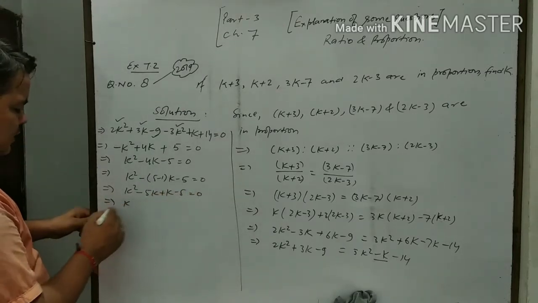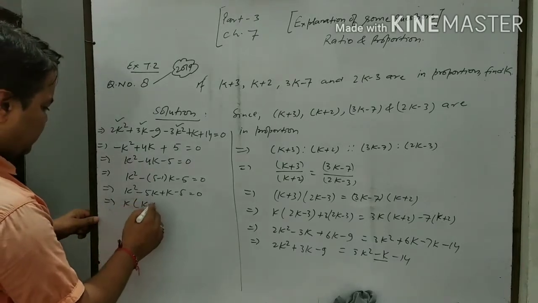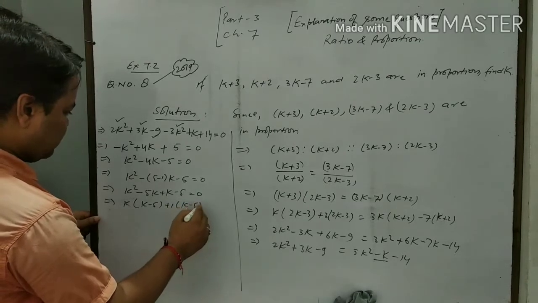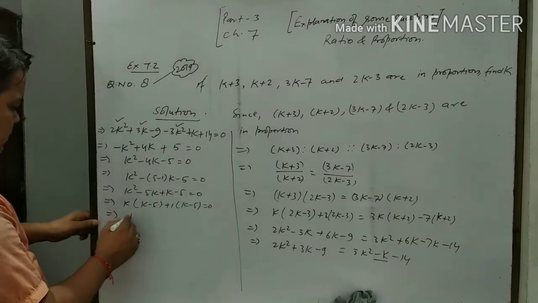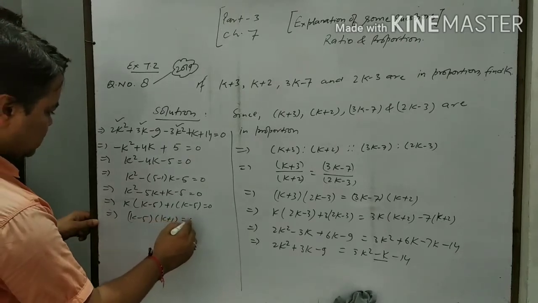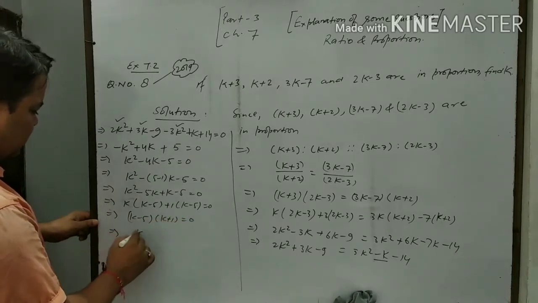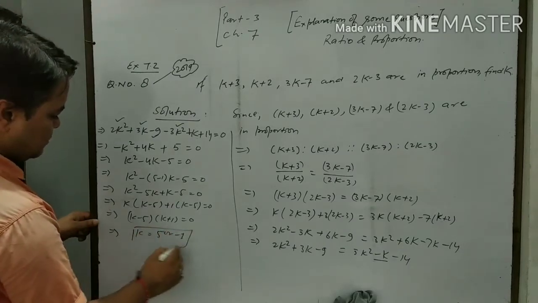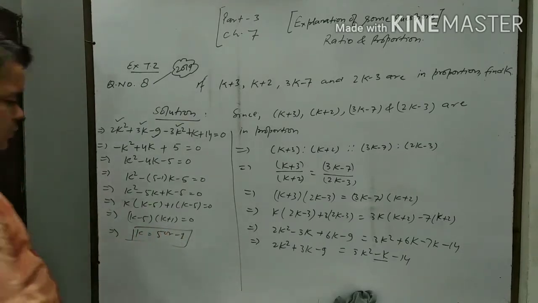Here take k common and it will be k(k minus 5) plus 1(k minus 5) is equal to 0. This is (k minus 5)(k plus 1) is equal to 0. This implies that k is equal to 5 or minus 1, using the zero product rule.